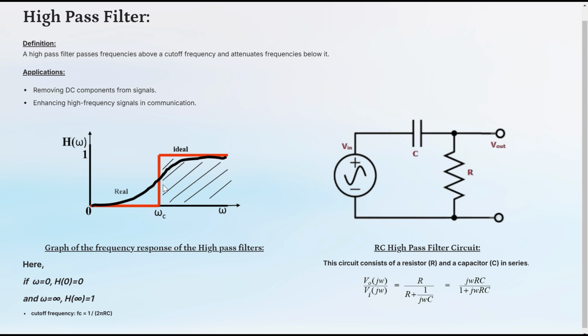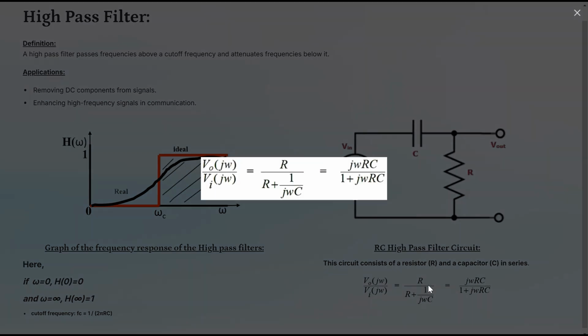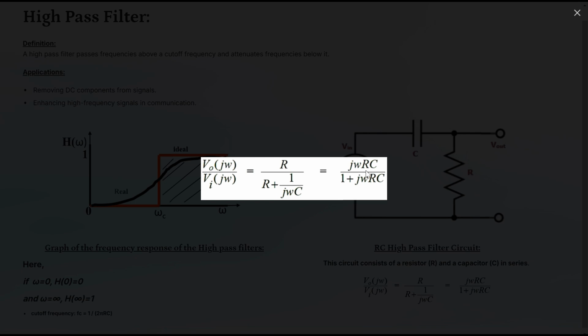That means allowing the high frequencies. The cutoff frequency is given as 1 by 2 pi RC. And there is an RC high pass filter circuit given, which consists of a resistor and a capacitor in series. And the transfer function formula is j omega RC by 1 plus j omega RC.